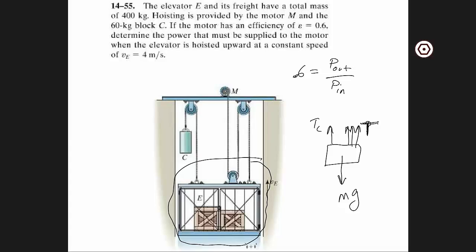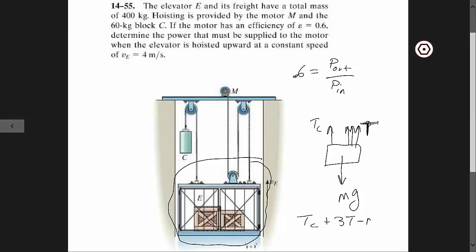Okay, let's see. Sum of forces vertically: TC plus 3T minus mg equals what? 0. Why? Constant speed, 0.